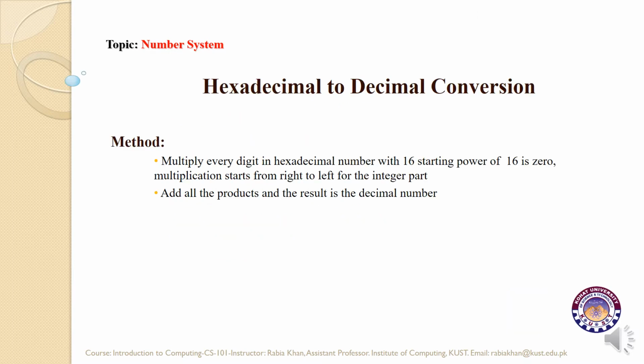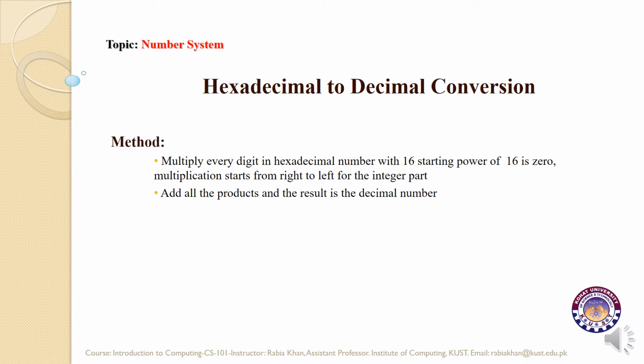Hexadecimal number consists of total 16 symbols that include 0 to 9, total 10 digits, while remaining of the 6 digits are obtained from alphabets. So A to F, total 6 alphabets are used to replace 6 digits, that is 10 to 15.